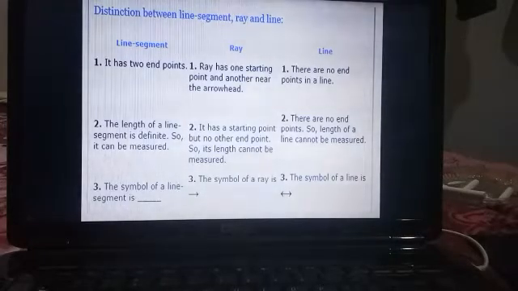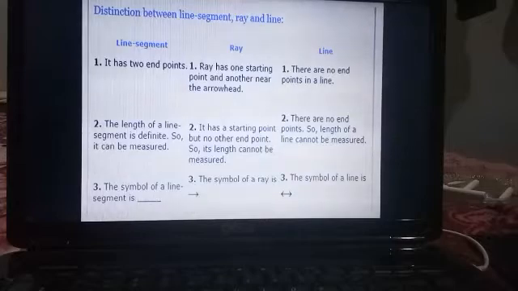Third point of the ray is that the symbol of a ray is a line with one arrow, means the arrow shows the extended direction, and the symbol of the line is a line with arrows on both sides, means it is extended infinitely in both directions.